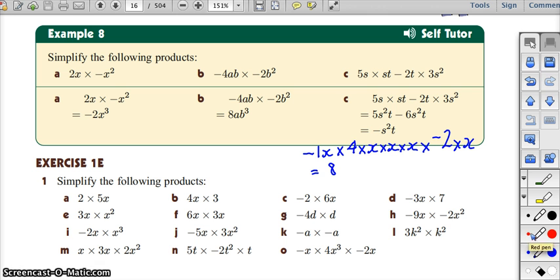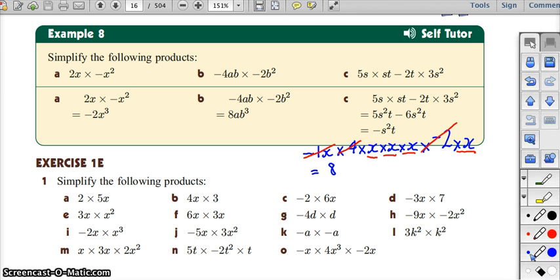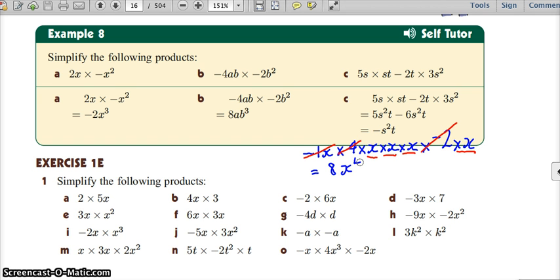Because these are quite large now, I'd probably say, well, I've done that, and I've done that. I can clearly identify I've got x times x times x times x left. Okay, so that process may help you. What do I end up with? 1, 2, 3, 4, 8x to the power of 4. Is that all right?